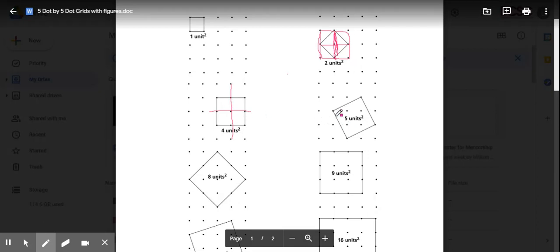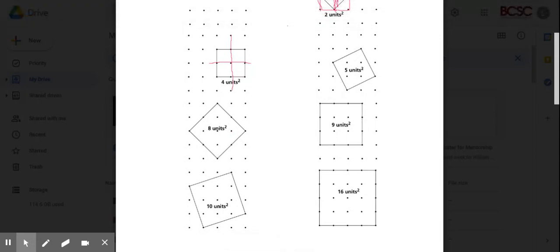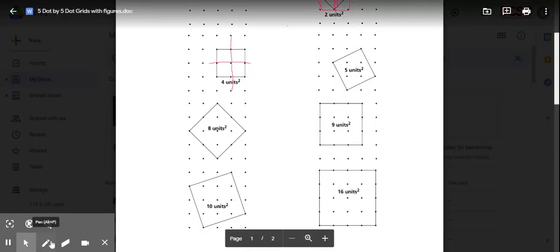Okay, so on your paper, it talks about having a diagonal or slanted side. And so 5 and 8 and 10, those are what it's talking about. So I'm going to save those till the end. I'm going to go to 9 and 16 because those are pretty obvious.